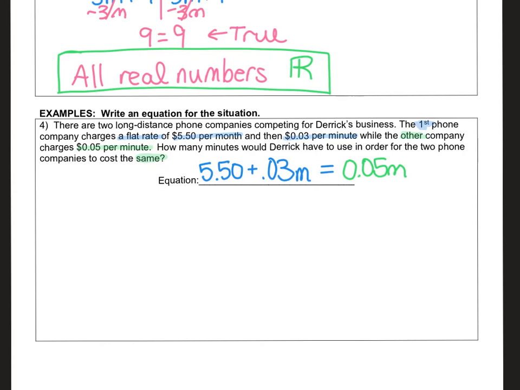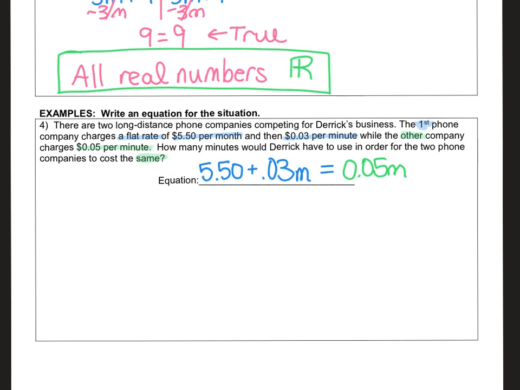The second company is more expensive, but no flat rate. So eventually they will equal out. We want to figure out how many minutes Derek would have to use in order for the two phone companies to cost the same, because he wants to see if it's worth his while to pick company A or company B, the first company or the second company.